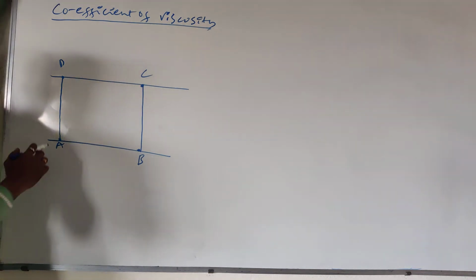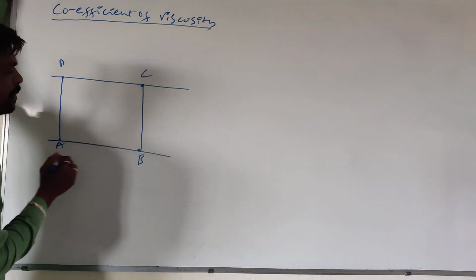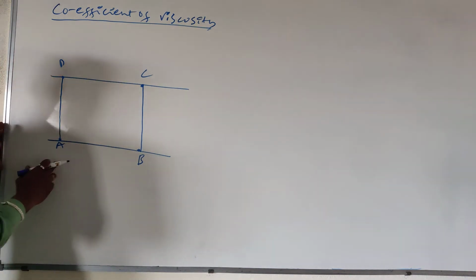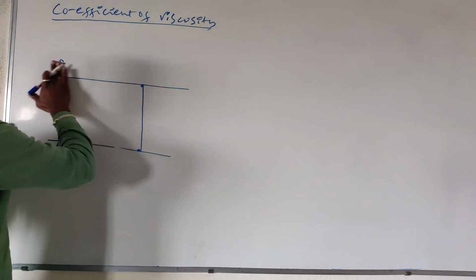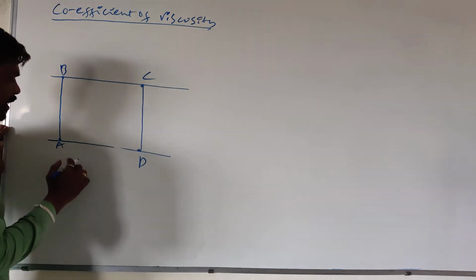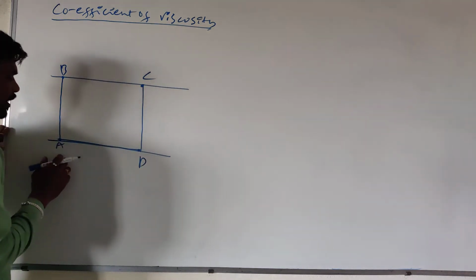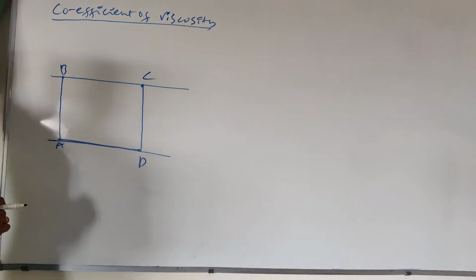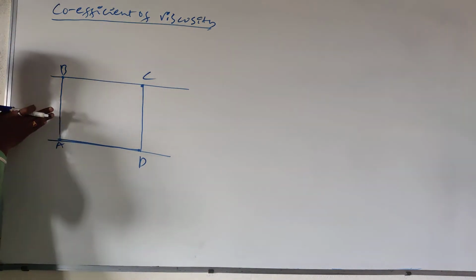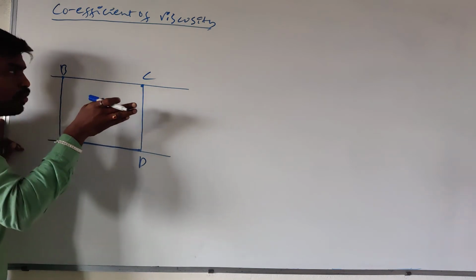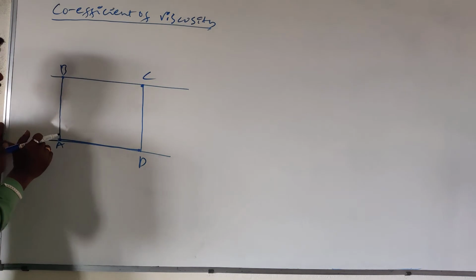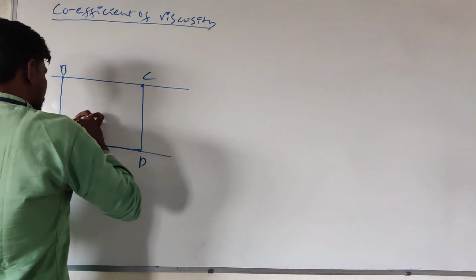Here in this portion of liquid, AB is fixed, right? Or we can write it like this also: AB, CD. Here in this case, AD is fixed, correct? If the liquid flows, what happens?